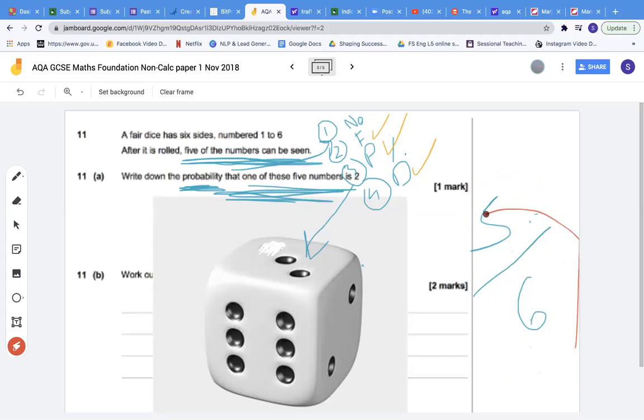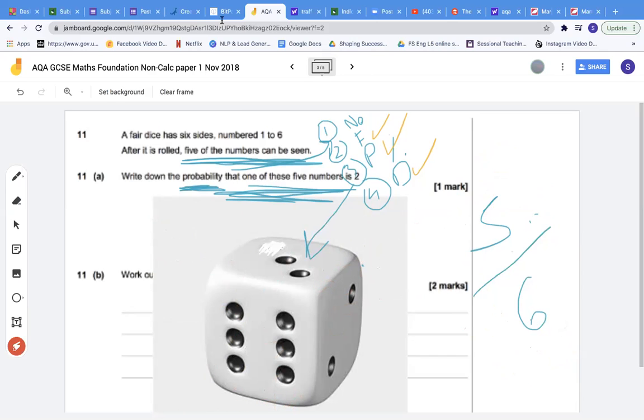That's a very good point. 5 over 6 means a high chance, because you could see it here, you could see 2 there, behind there, and behind there, but you can't see it here. You can't see the bottom one. So 1, 2, 3, 4 behind, and then 5 behind there, but you can't see the 6. That is not possible. Well done.